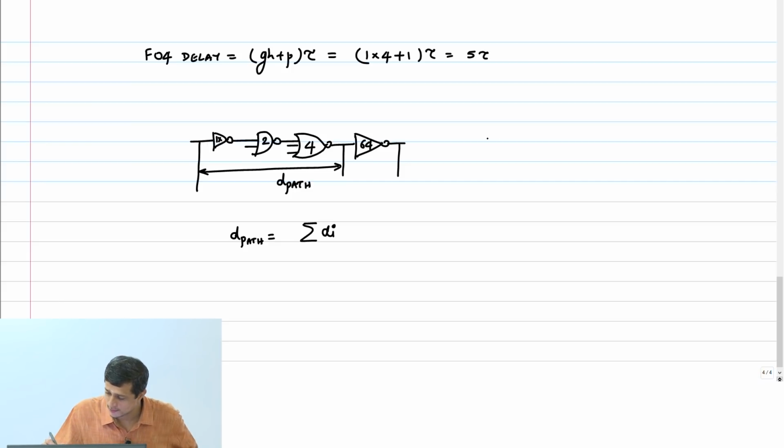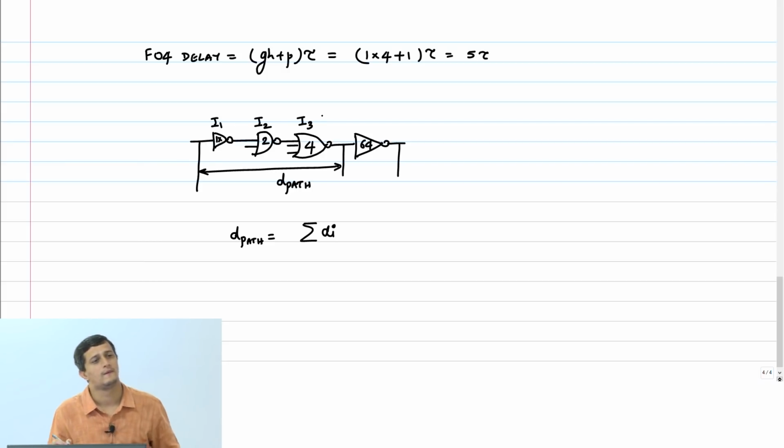So what we'll do is we will write down for, so this is I1, gate I2 and I3. Okay.